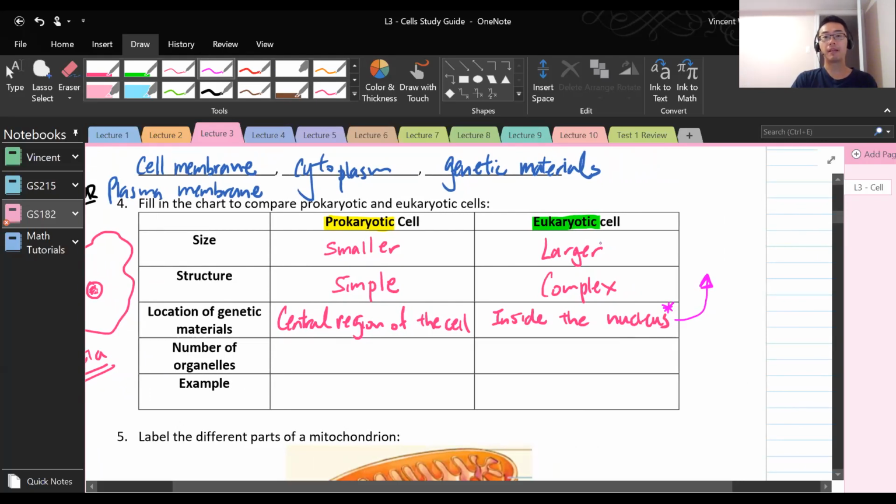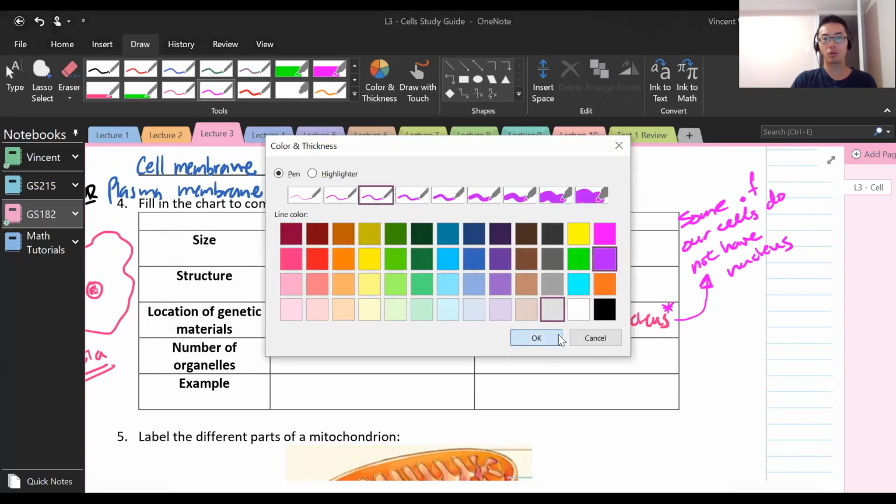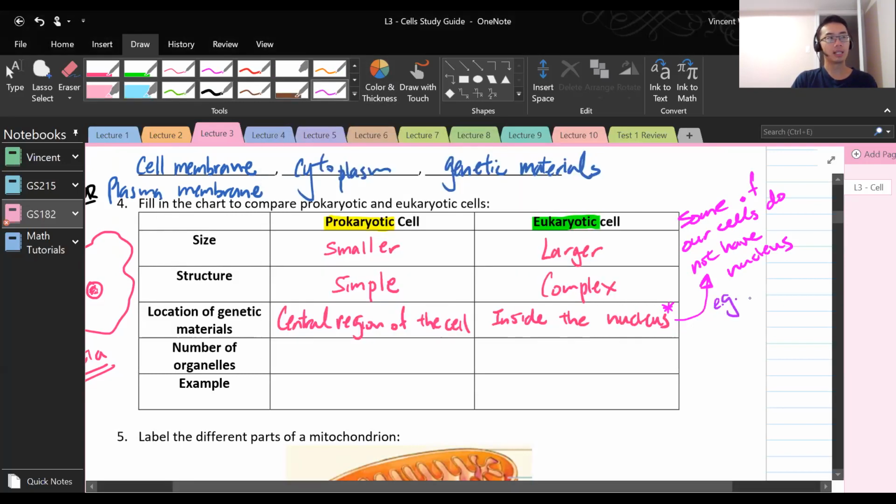However, even though eukaryotic cells are supposed to have a nucleus, not all of our cells have a nucleus. Does anybody have any example that you read about before, or just an educated guess? Anybody know of any cells in our body that do not have a nucleus?